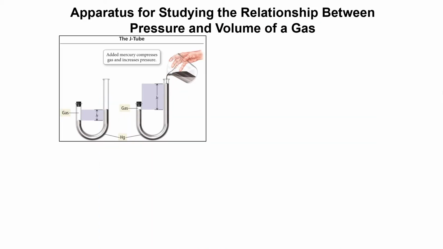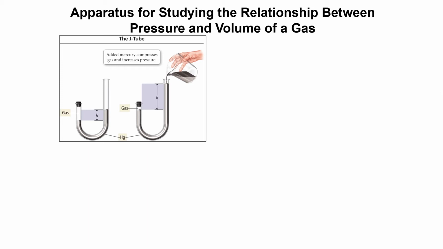So, Robert Boyle conducted a series of experiments in which he studied the relationship between the pressure and the volume of a gas. And you can see the apparatus there on the left. This is a J tube. Essentially, you have a J-shaped tube with a column of mercury in there that has trapped a bubble of gas. And of course, you can try this with different gases: nitrogen, oxygen, carbon dioxide, helium.